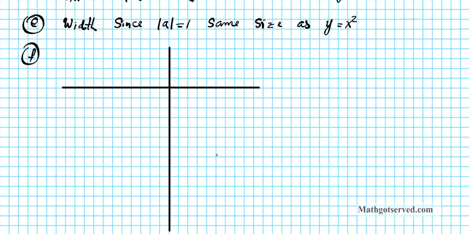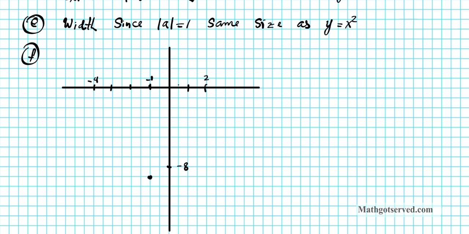Okay, so our roots were 2 and negative 4. So let's go by 2's: 1, 2 to the right, and then 1, 2, 3, 4 to the left. So this is negative 4, and this is 2. And then our y-intercept is 1, 2, 3, 4, 5, 6, 7, 8, negative 8. And our vertex is at negative 1.